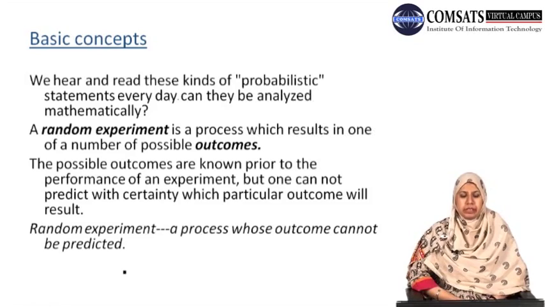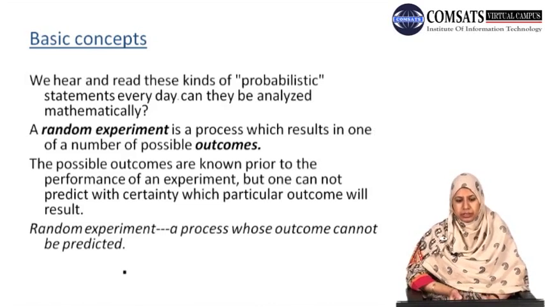To analyze these statements mathematically, or to give a certain answer or the possible outcome, we define a random experiment. A random experiment is a process which results in one of a number of possible outcomes. As I said earlier, we know the possible outcomes, and by random experiment we mean a process which gives us one of the possible outcomes.